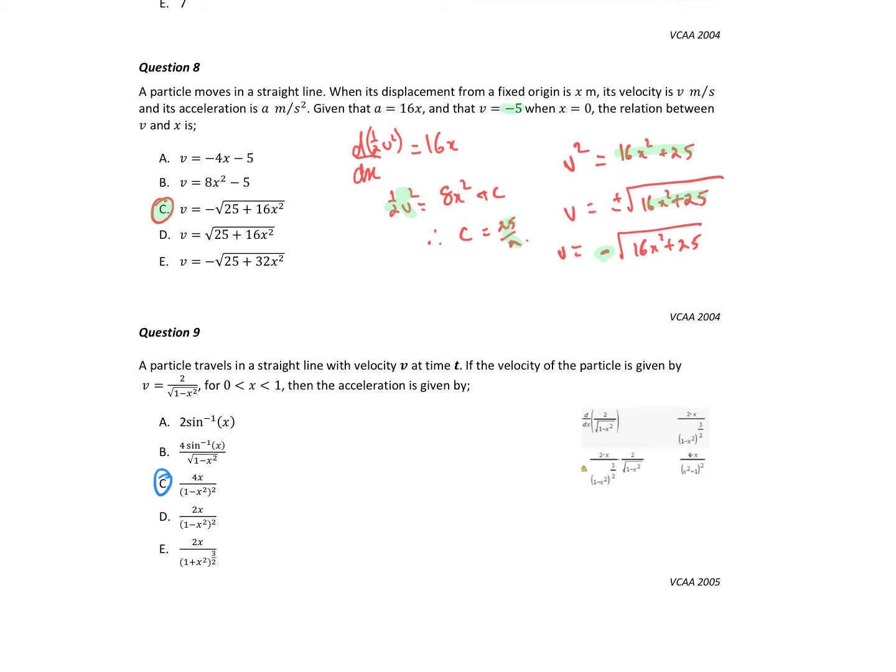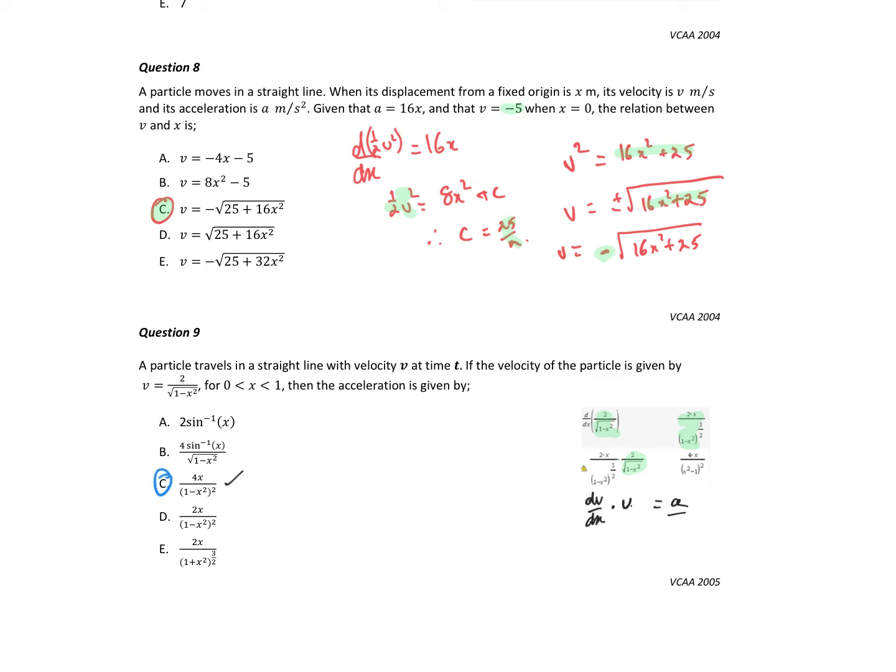So in this case, I've taken the derivative of v and then multiplied it by v. So in reality, what I've worked out is dv/dx times v, which is another form of a, okay, which gives me c.